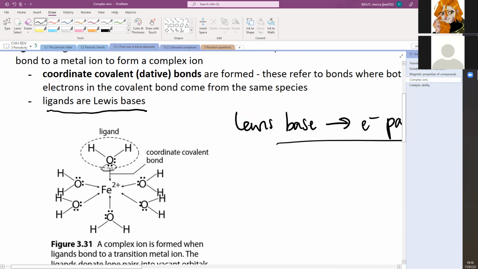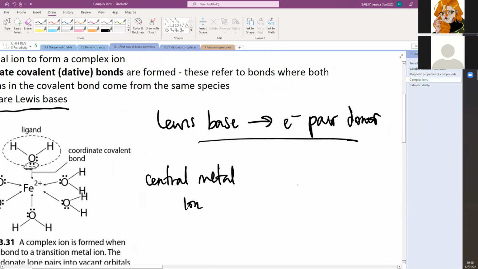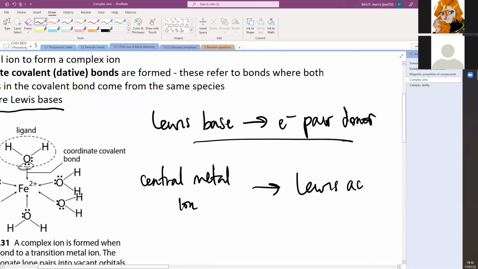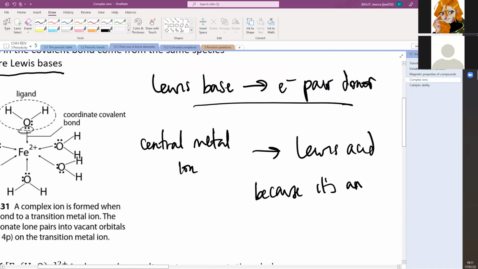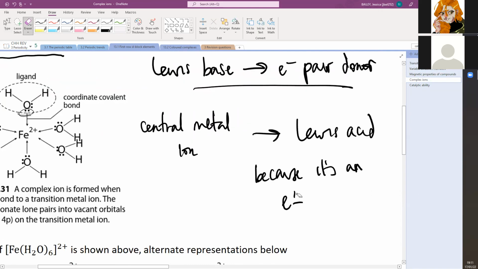And hence the central metal ion, you could also call a Lewis acid because it's an electron pair acceptor.